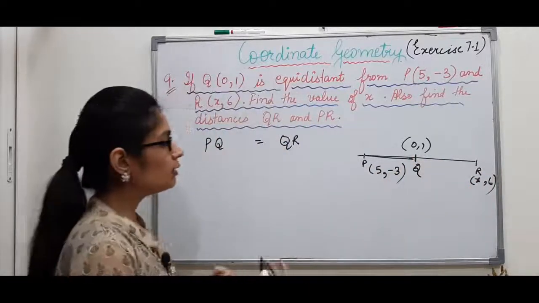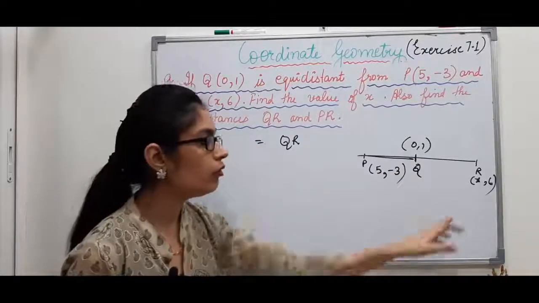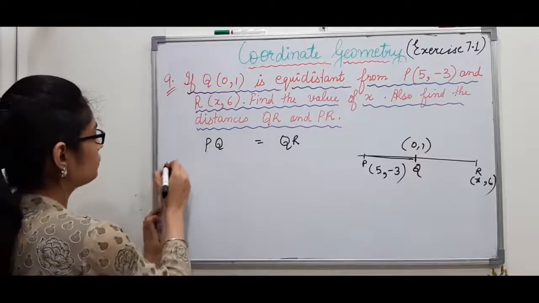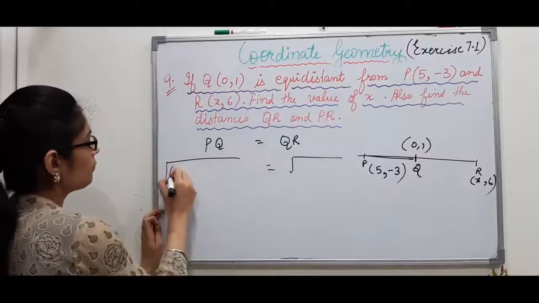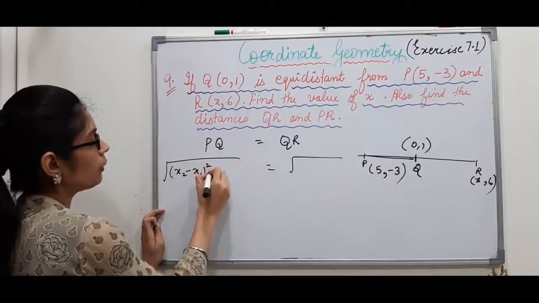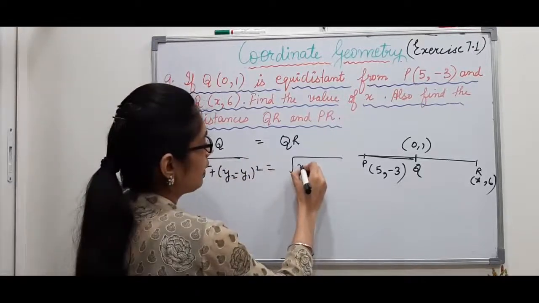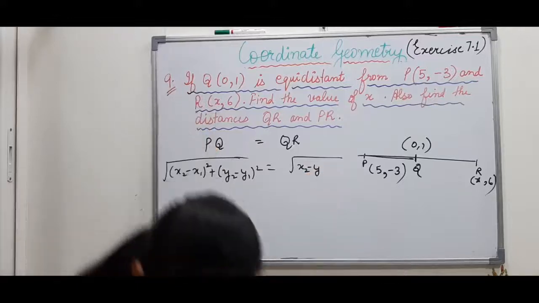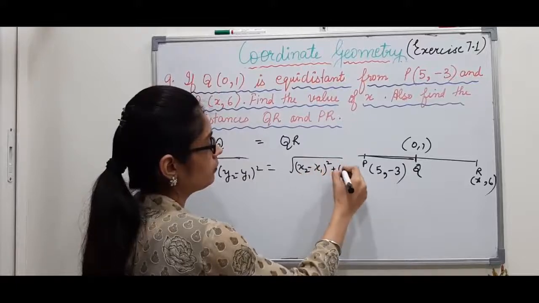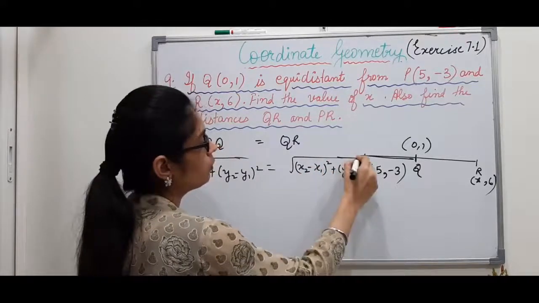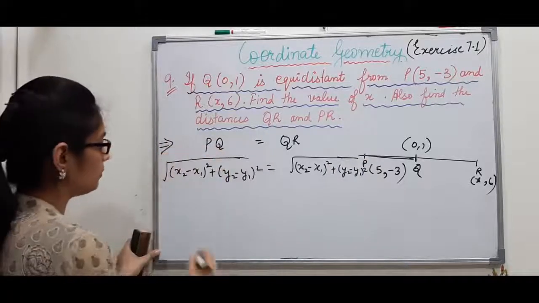So by using the distance formula, distance PQ equals distance QR, we will find the value of x. So let's do it. Distance formula we have to apply. So PQ, same formula, square root of x2 minus x1 whole square plus y2 minus y1 whole square. QR, the same. So both the sides we have to apply this formula because this is already given to us.